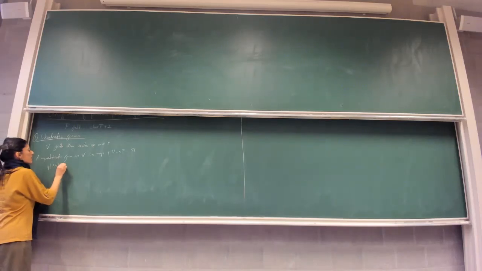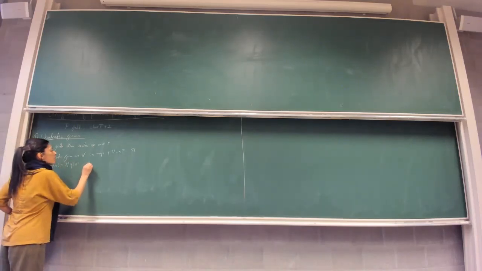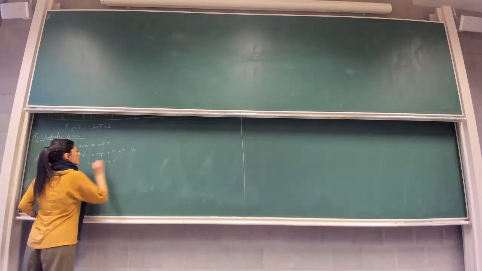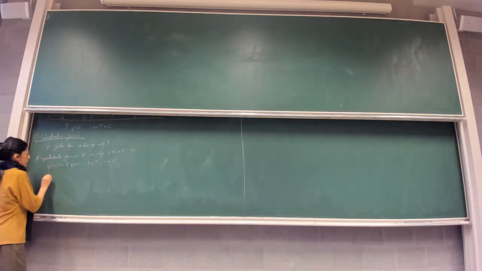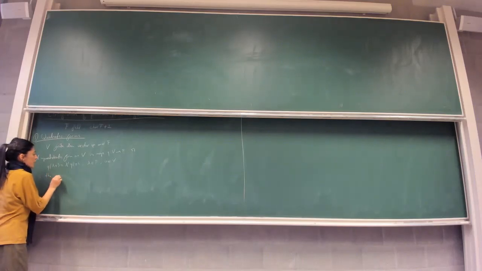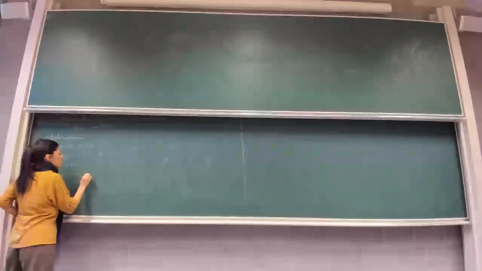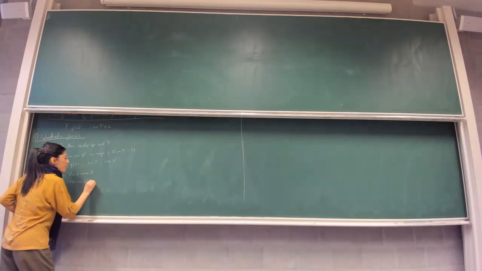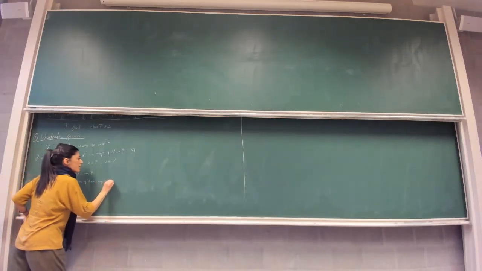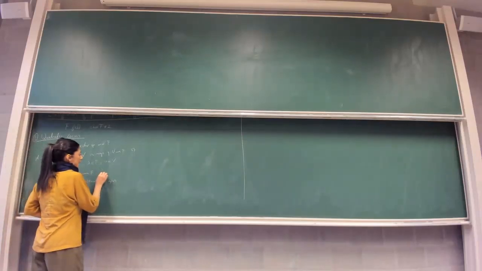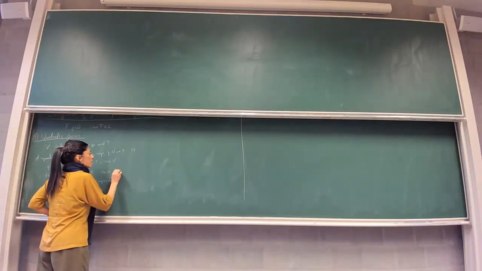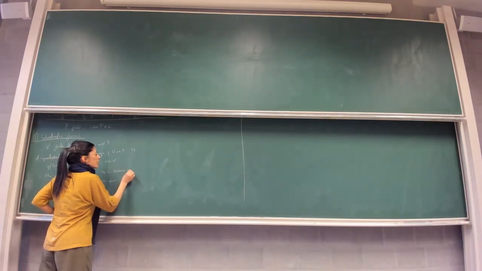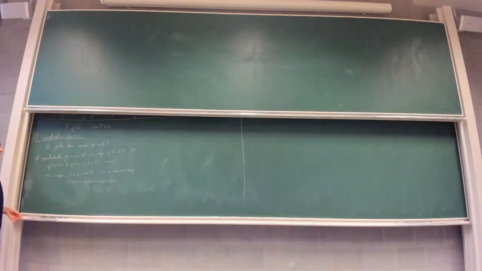So Q(λv) = λ²Q(v), λ in the base field, v in the vector space. And then you can define a map using this quadratic form as follows: Q(v+w) − Q(v) − Q(w). And we ask this map to be bilinear. A bilinear map, that's linear in each factor, and it can easily be seen that it is symmetric.